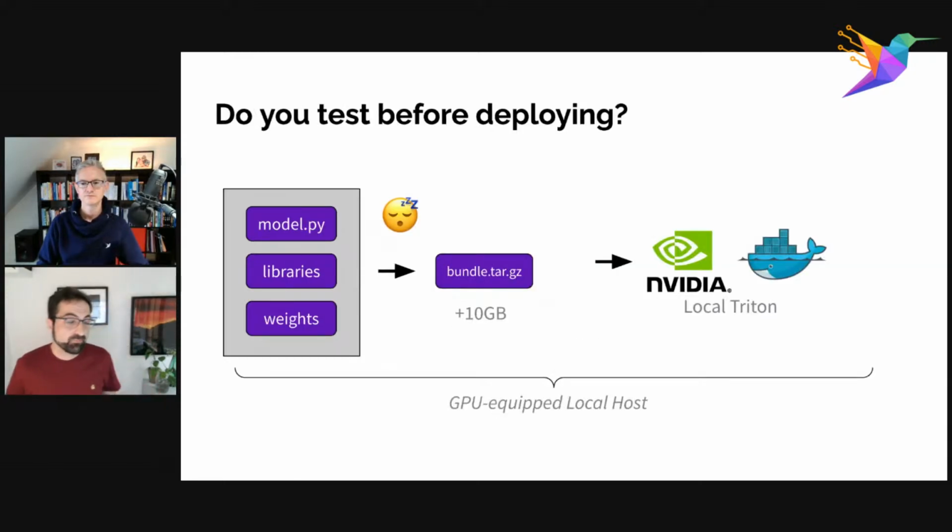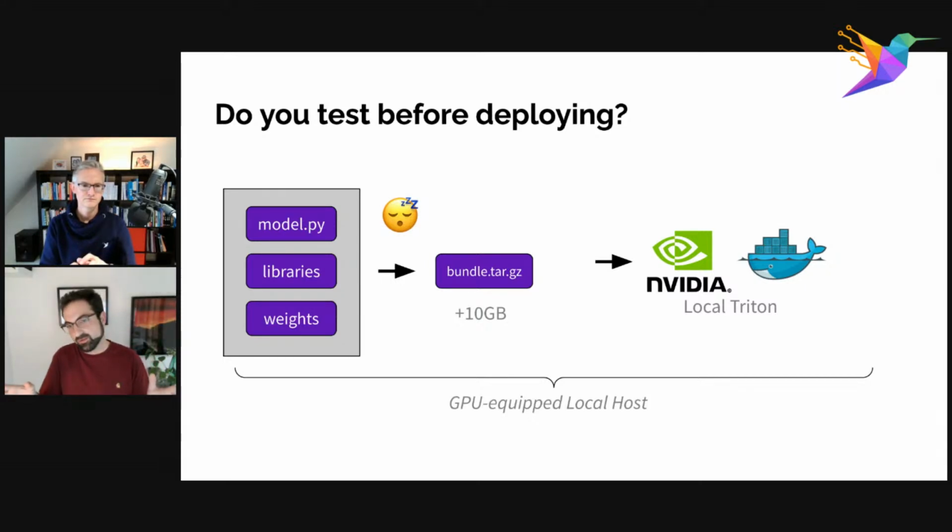for technical reasons. So once you get your bundle, hopefully you want to test your models before you deploy, right? That's hopefully what you want to do. And in order to achieve that, you need to run on a GPU equipped machine.